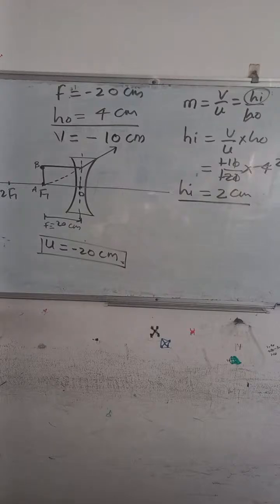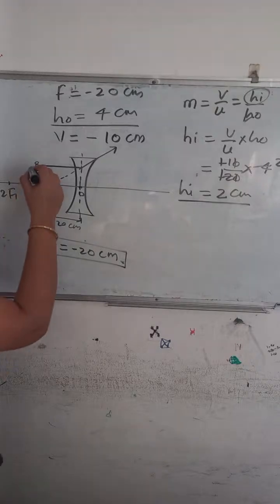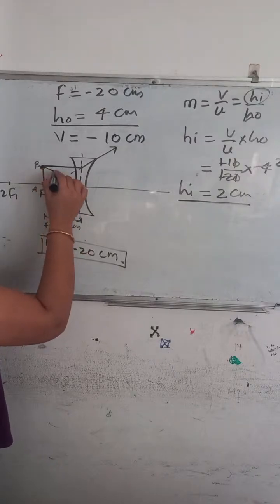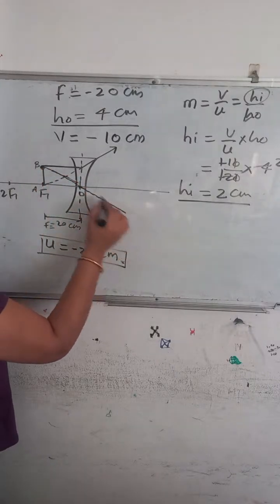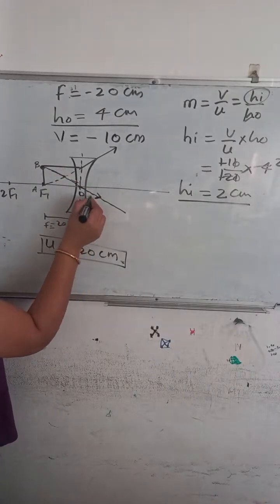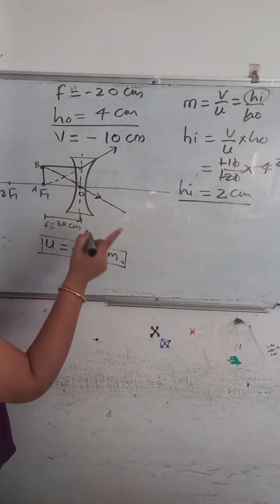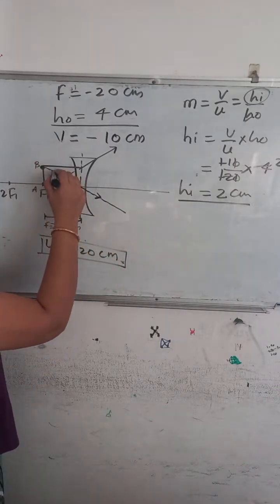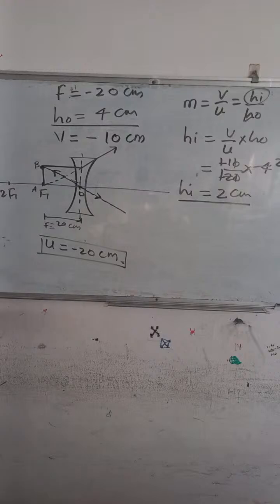Then the second ray of light is passing through the optical center. We know that the ray passing through the optical center retraces the same path; there is no refraction over here.